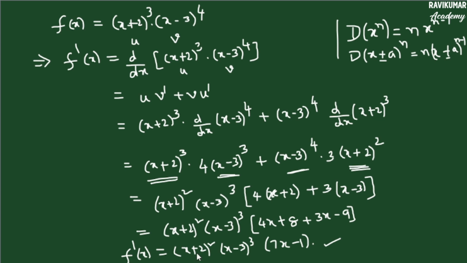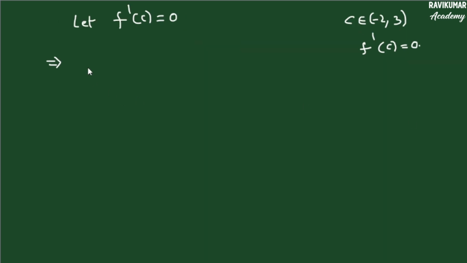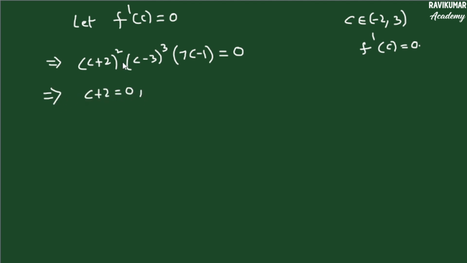What you will get? (c + 2) whole square into (c - 3) whole cube into (7c - 1) equal to 0. So from this, either c plus 2 is 0, because the product of three numbers is 0 means either of the numbers is 0, or c minus 3 equal to 0, or 7c minus 1 must be equal to 0.